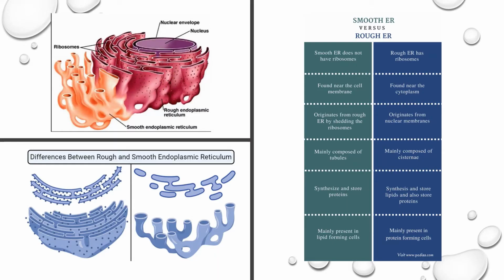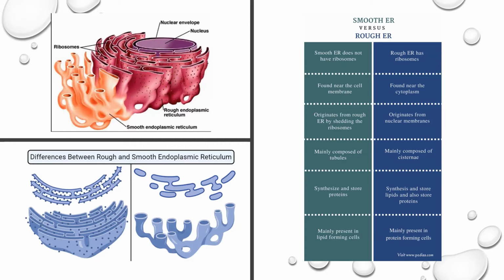This brings us to rough endoplasmic reticulum and smooth endoplasmic reticulum. Essentially, both of these help out ribosomes in making proteins or making different conformations of proteins. The rough endoplasmic reticulum has ribosomes attached to it, while the smooth endoplasmic reticulum does not have any ribosomes attached to it.